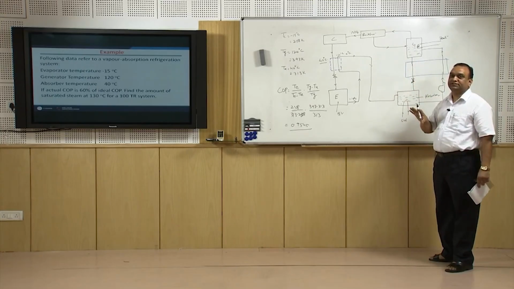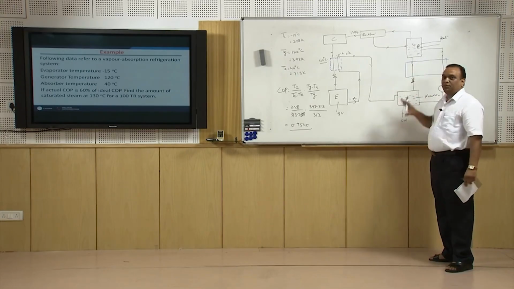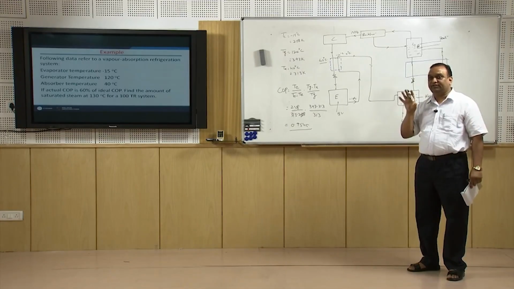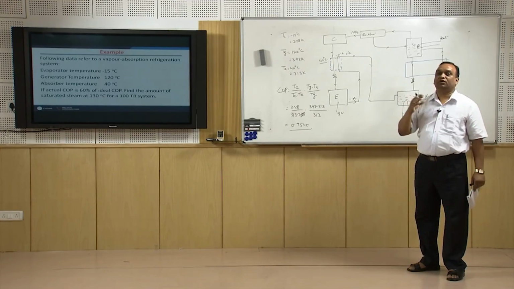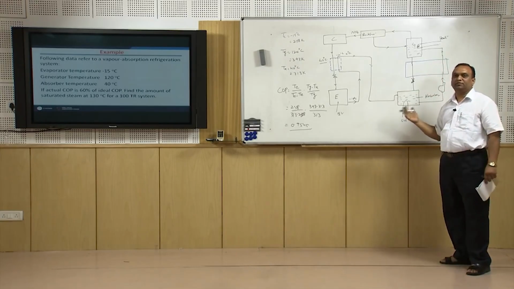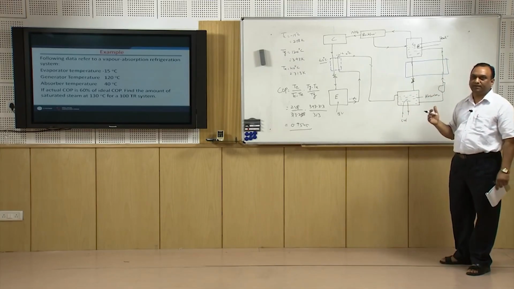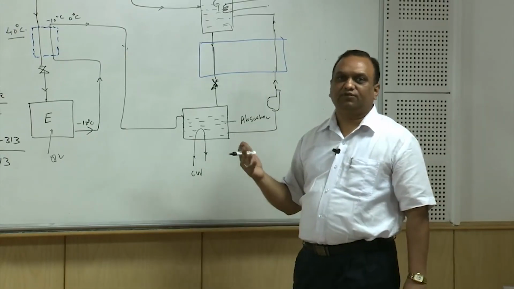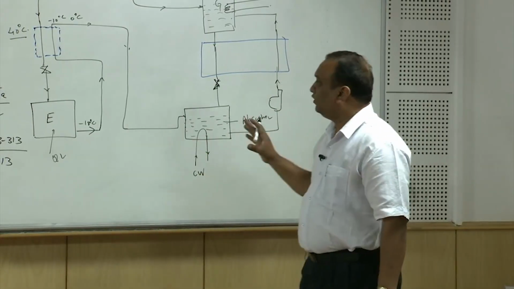In a vapor compression system, the energy input is in the form of work, which is high grade energy, and this high grade energy is converted from low grade energy. Perhaps the efficiency of that device, maybe an engine or steam turbine, may be 30, 40 or 50%. So, that we do not take into account.